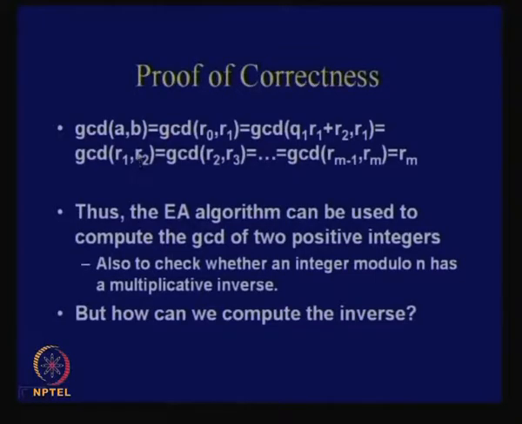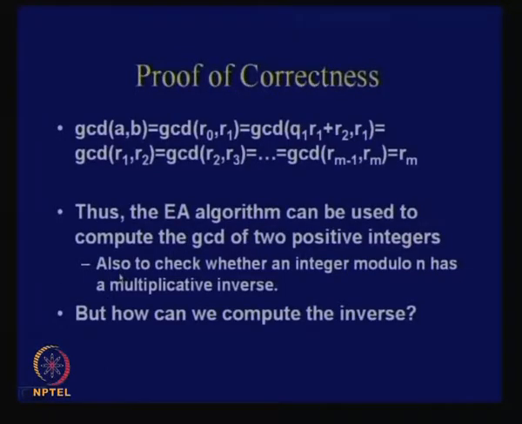If I continue in this fashion, I get GCD of R1 comma R2 equal to GCD of R2 comma R3, and similarly, and finally, since Rm is dividing Rm minus 1, the GCD is Rm. So this algorithm terminates and correctly gives the GCD of A and B.